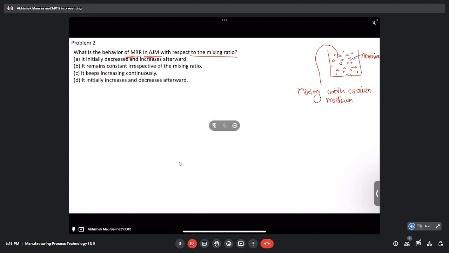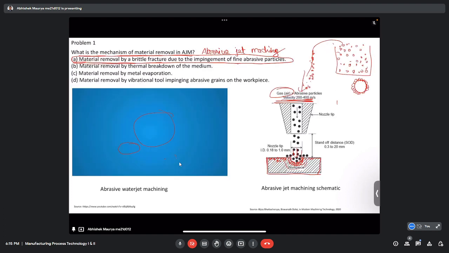The correct answer for the previous one was this first one, A. Okay. So here in this second problem, I was trying to explain what the mixing ratio is.